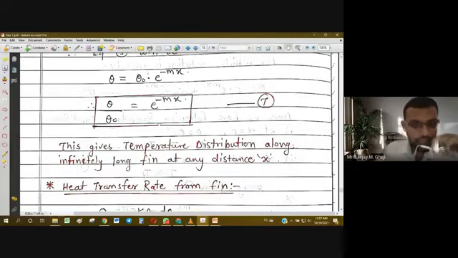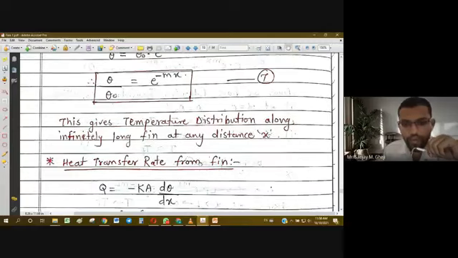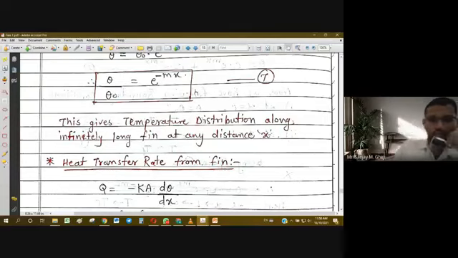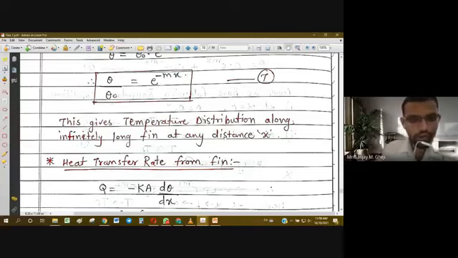This will give the temperature distribution at any particular distance x for an infinitely long fin. Okay, so this is going to be an important formula for this case, and whenever there is a problem or a question for an infinitely long fin, we will use this form. So this equation will be useful.